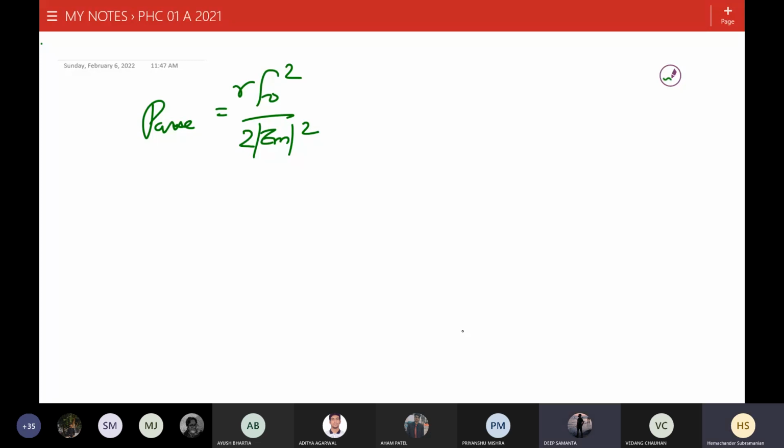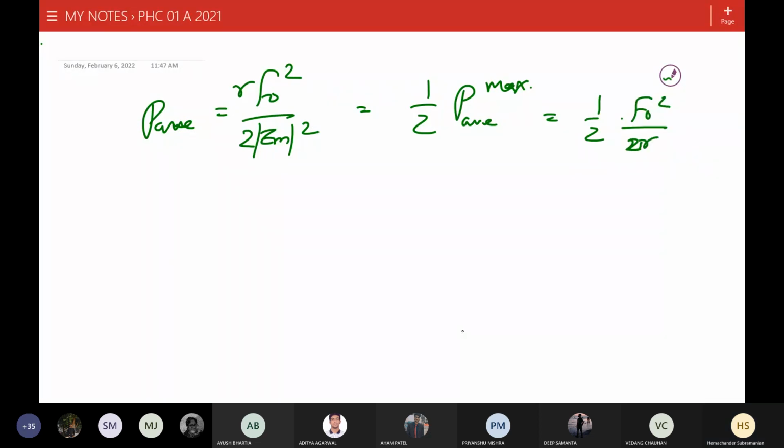This must be equal to half of maximum power, which is half of f naught square over 2r. Am I right?